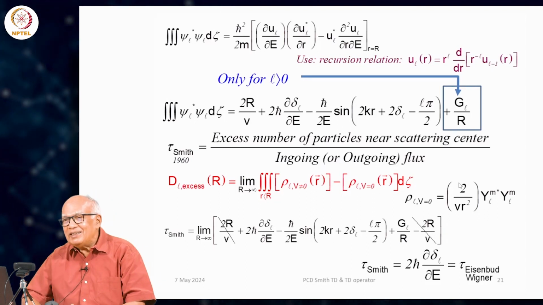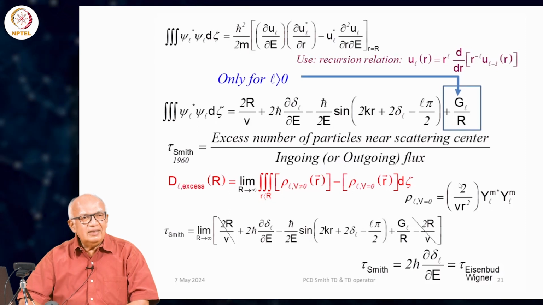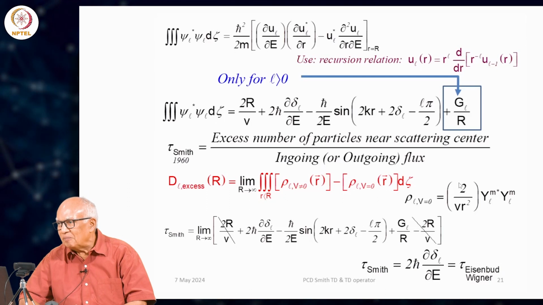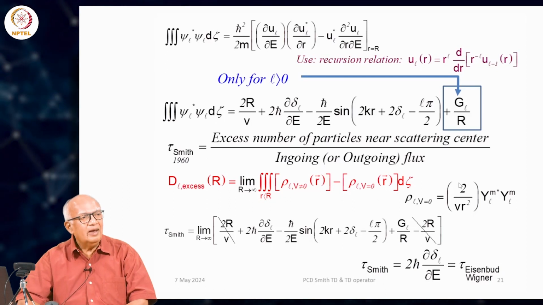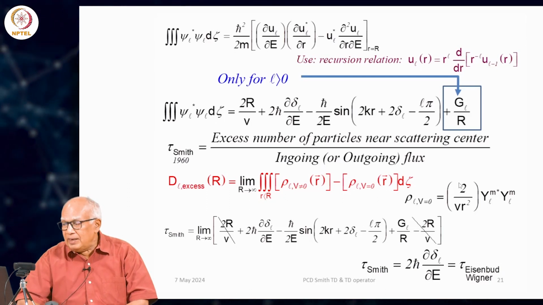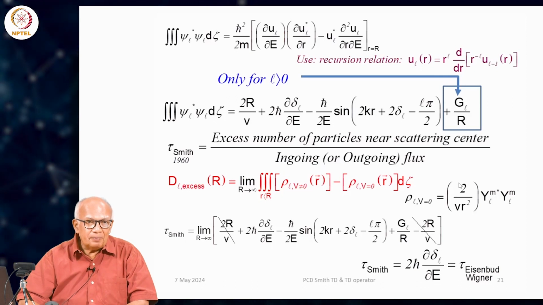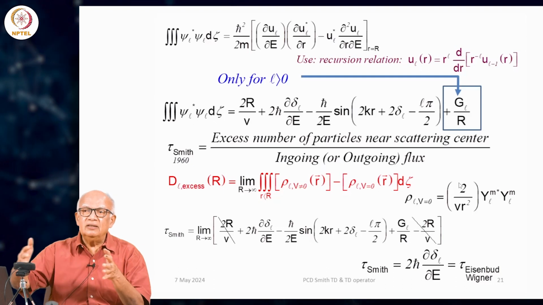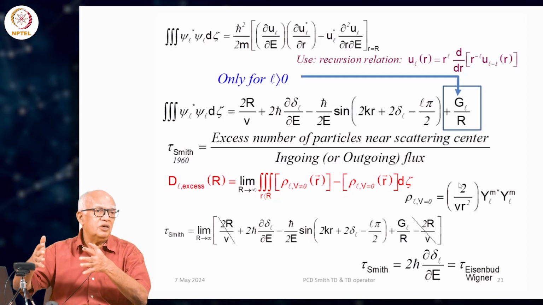This is beautiful, isn't it? It turns out to be exactly the same as the Eisenberg-Wigner time delay. This is amazing. It has a totally independent origin. We did not start with the wave packets and the time delay in the wave packet due to the interaction and so on.